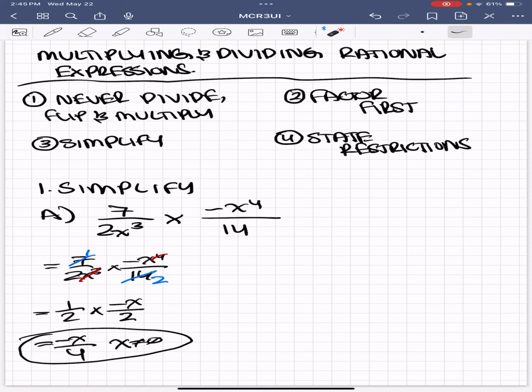And then I crossed out the x to the power of 3 and the 4. x to the power of 3 is cancelled and x to the power of 4 is cancelled, and then I was left with negative x and the 2.